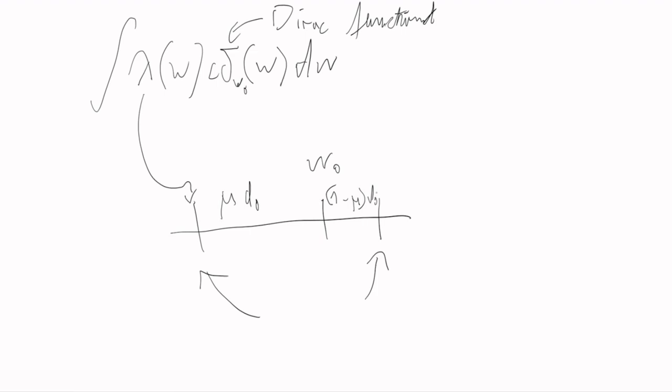And what one could do is simply approximate this integral by c times mu, and now we take the value at, let's call that omega 1, and this omega 2.